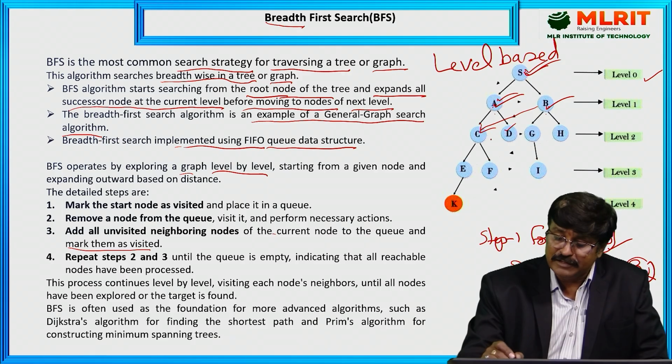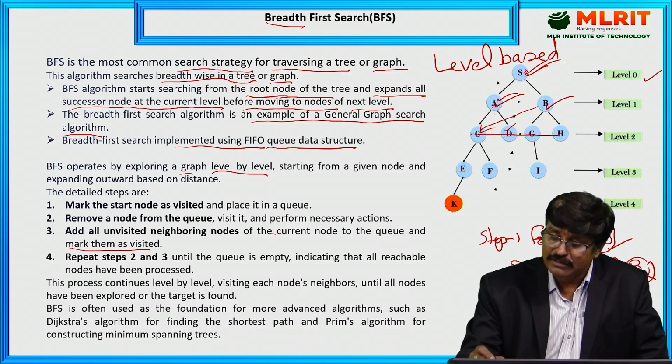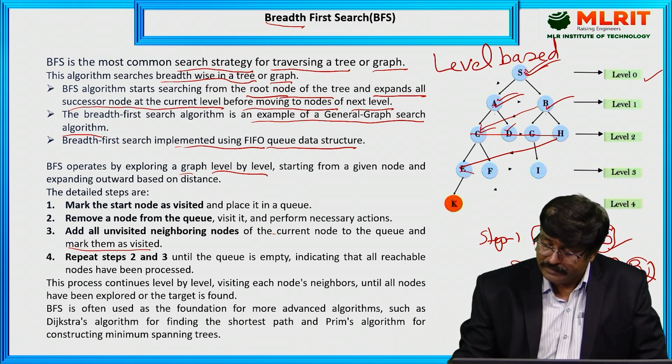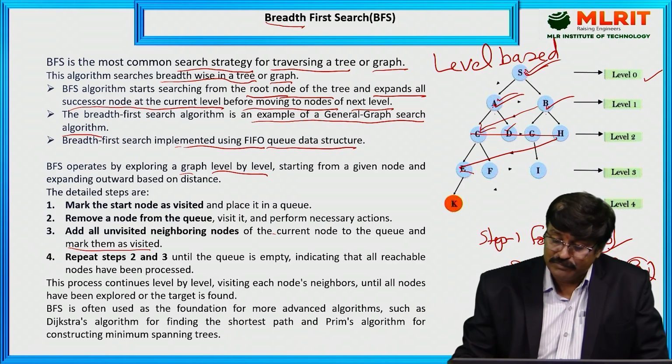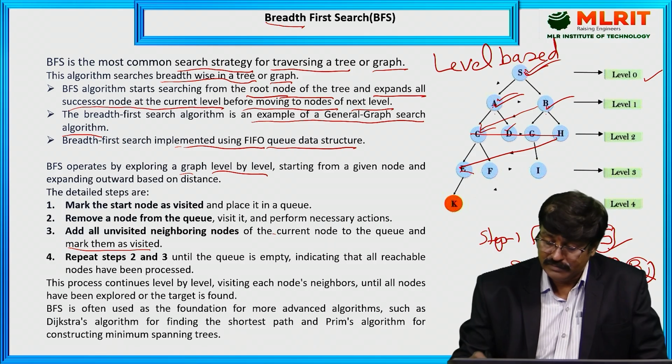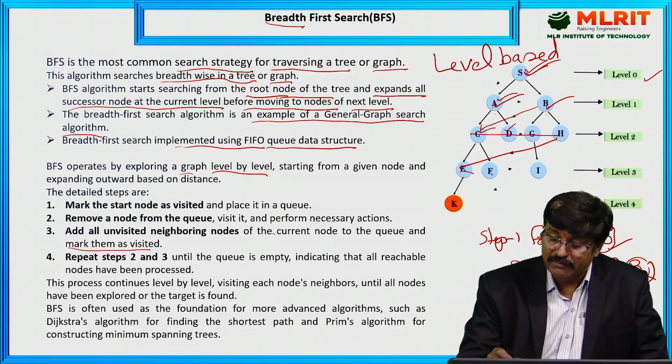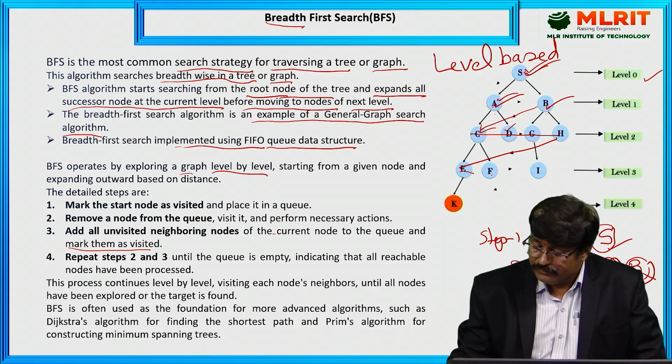So you check all the nodes in that level, visiting them one by one. Then you go to the next level. There you check E; you expand C, so you remove C from the queue, then D, G, H, then E, F information you keep in the queue structure. Then you expand C's related node, I is also there.